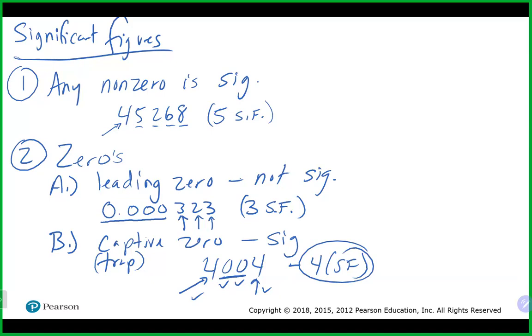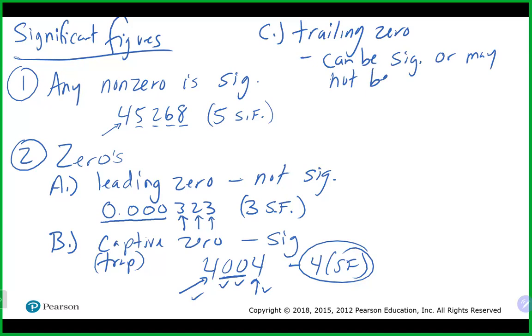Now, probably the zero that gives people the hardest time is what is sometimes referred to as the trailing zero. Those are the zeros that come basically at the end of a number. The reason they give people a hard time is they can be significant or may not be significant. And really, what determines whether a zero at the end is significant is: is there a decimal point anywhere in the number?